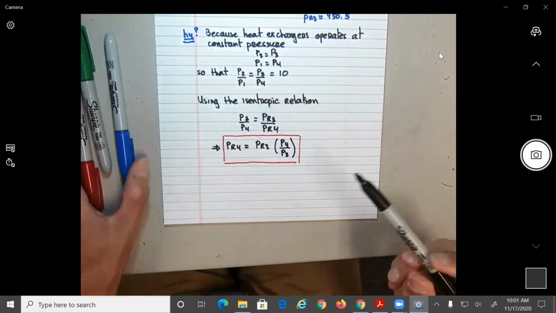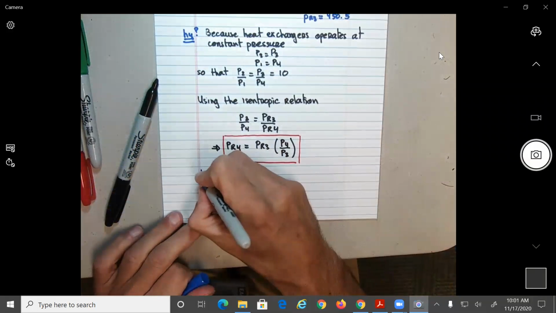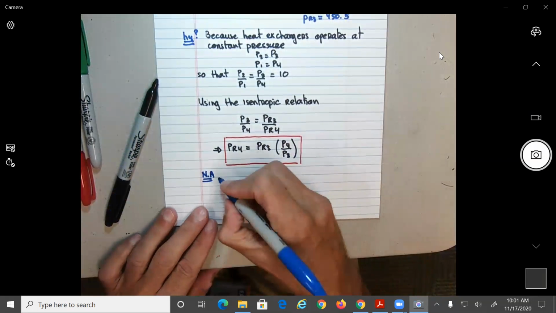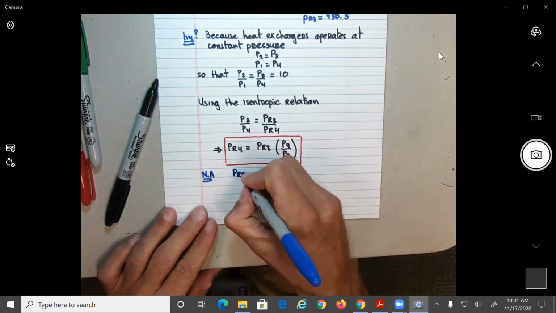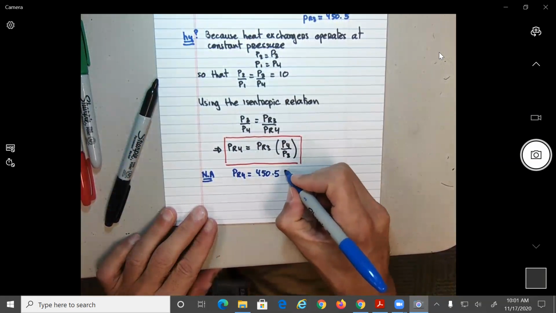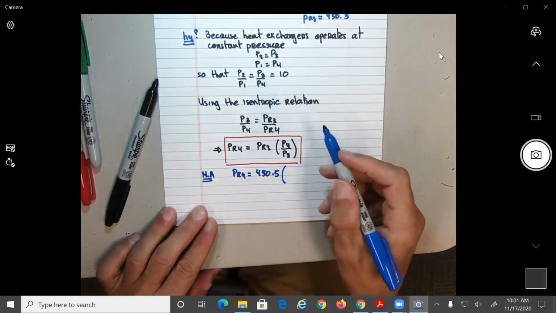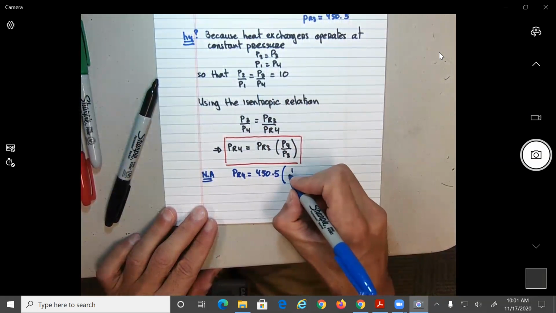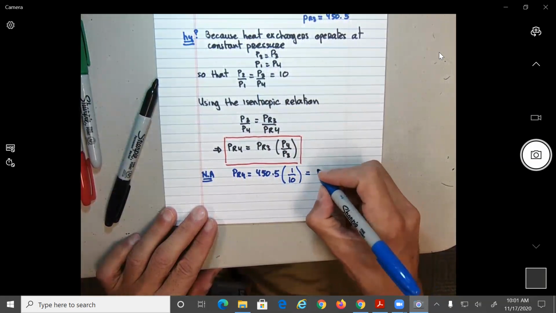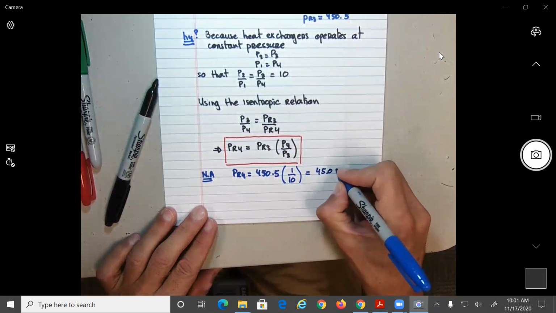Okay, or if we do the numerical application, this should be equal to what? PR sub 4 will be equal to 450.5 times, if P3 over P4 is 10, P4 over P3 is going to be 1/10, meaning that PR4 will be equal to 45.05.